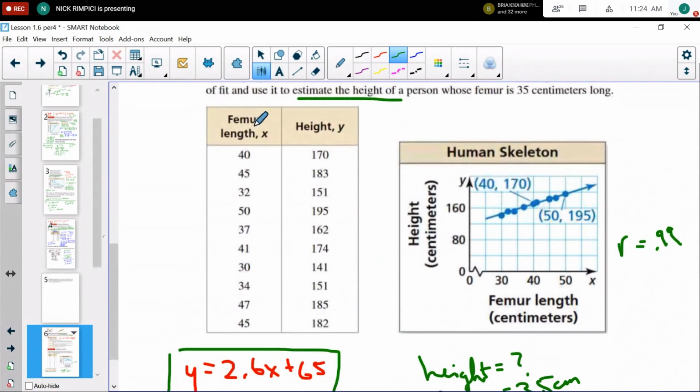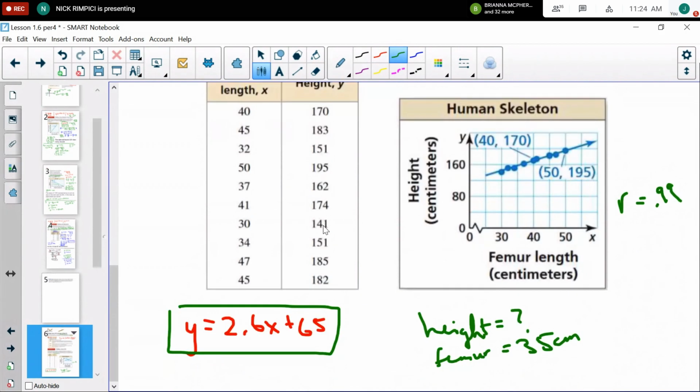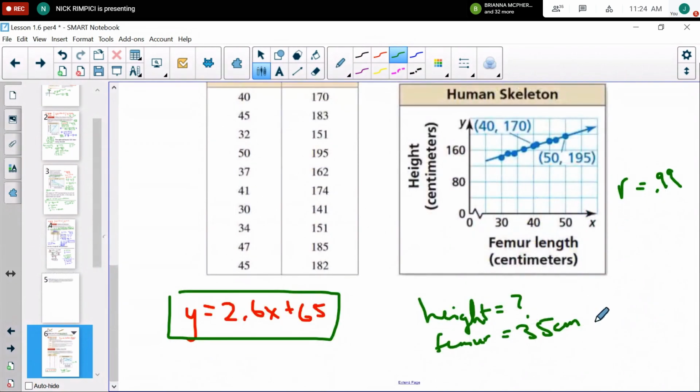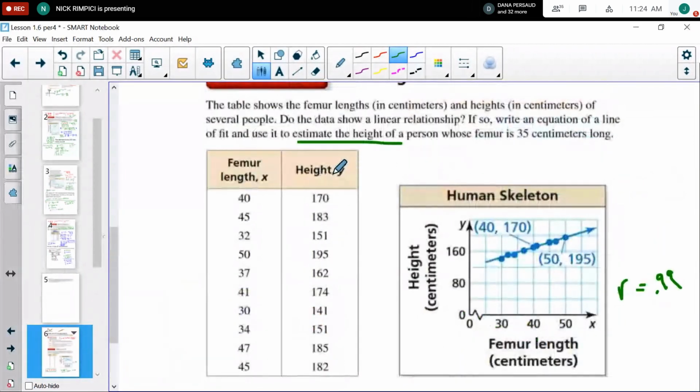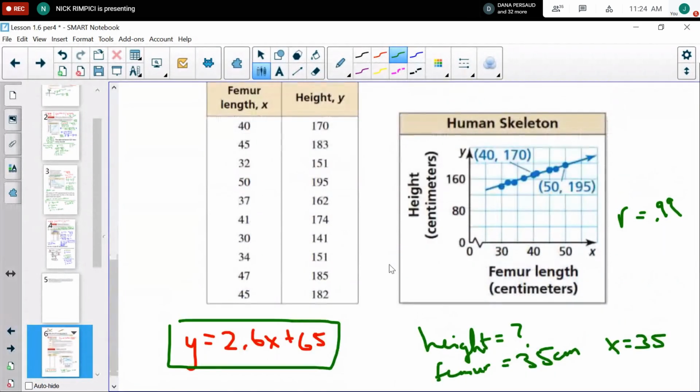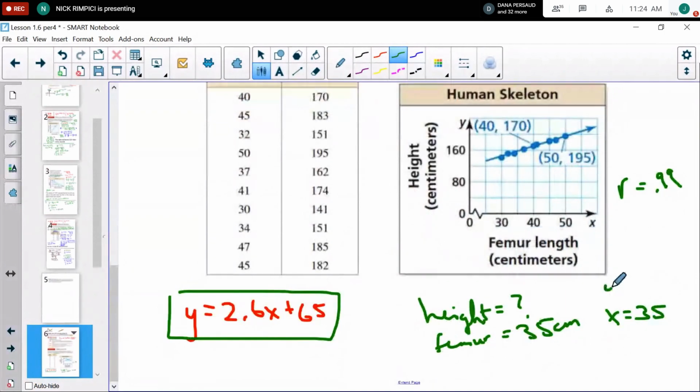Femur length is X. So basically, X is 35. Height is Y. Well, I don't know what his height is. It's missing. I'm trying to find that. The good news is this is really easy because I have an equation that's going to allow me to find this person's height.